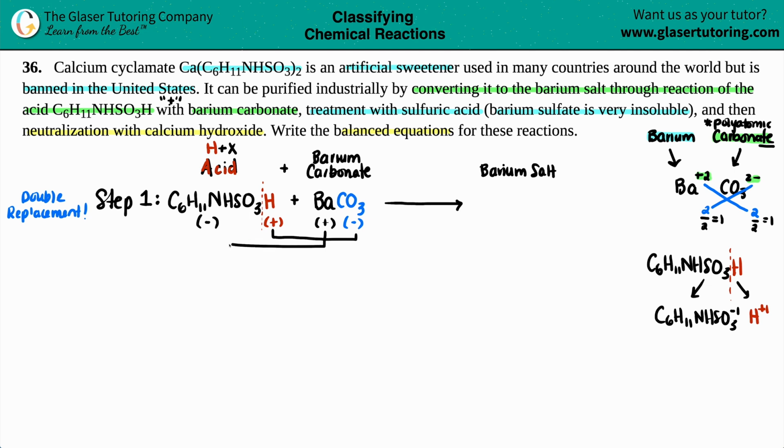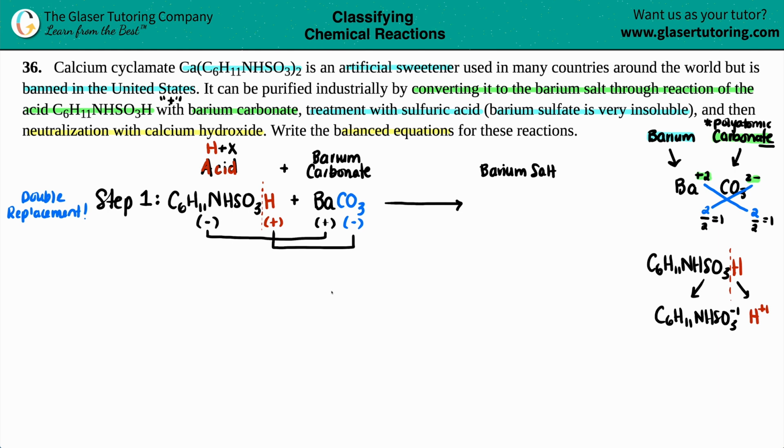So they kind of tricked you up here because they put the H on the right-hand side of the acid instead of it being on the left-hand side. But we got this. So this negative goes now with the new positive. This positive goes now with the new negative.